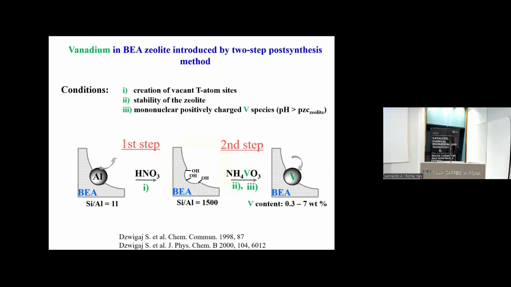First, we say something about the stability of the zeolite.